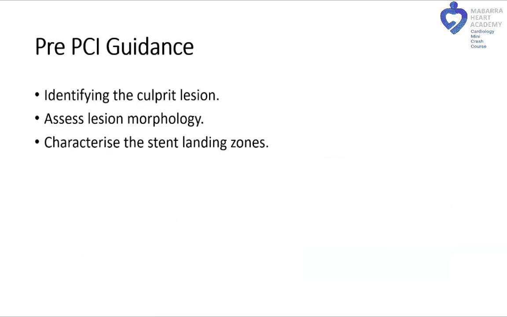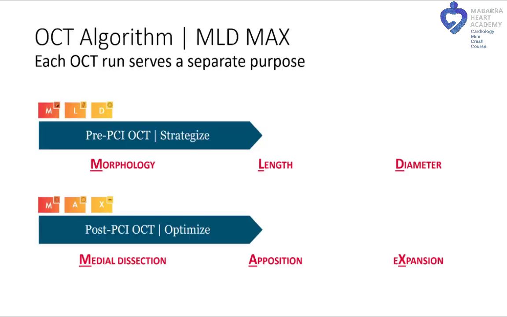Using OCT pre-PCI will help to identify the culprit lesion, assess the lesion morphology, and characterize the stent landing zones. This is a nice algorithm called MLD max, the proposed algorithm when you do an OCT run. MLD for your pre-PCI and max for your post-PCI.